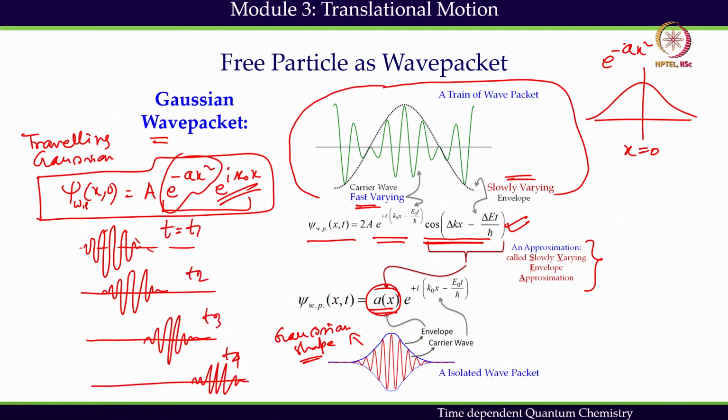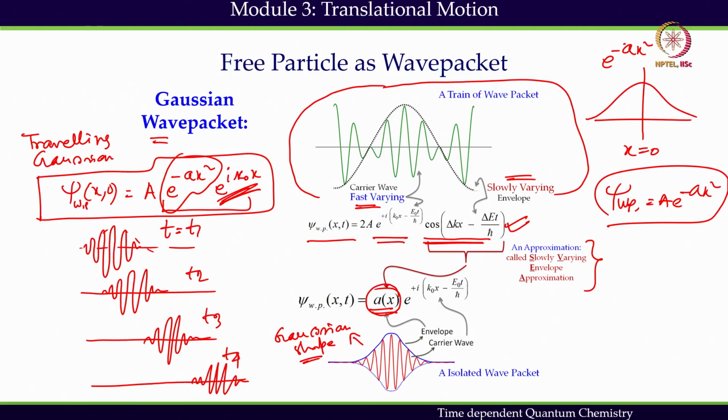So a travelling Gaussian has to be represented this way. And if I start with a stationary Gaussian, then I do not need this plane wave part. I can use only e to the power minus a x square. So this functional realization is very important to begin with the analytical solution of the Gaussian wave packet dynamics.